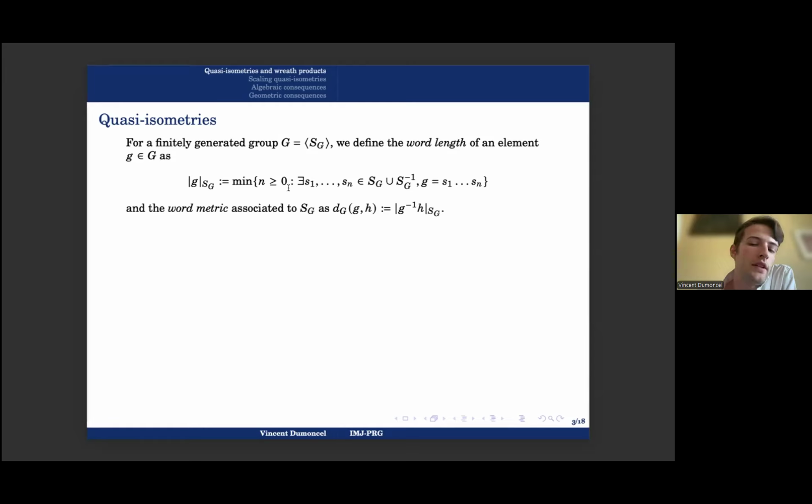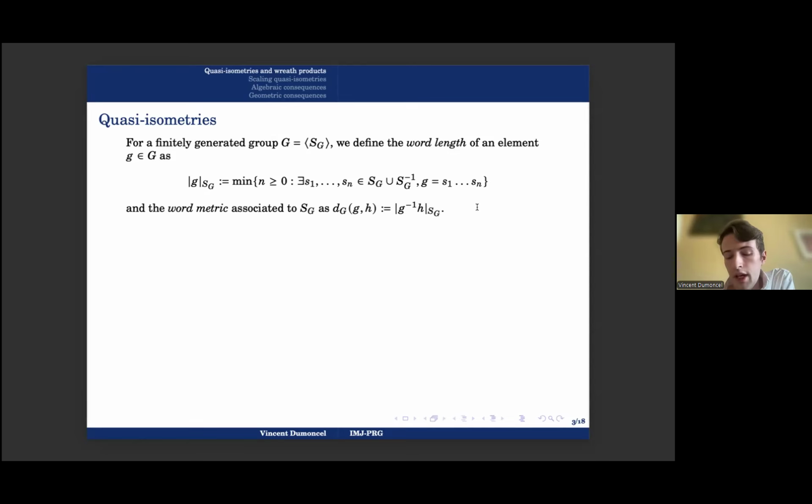And as soon as you have this word length with respect to this generating set S, you can define what is called the word metric associated to S of G, just by declaring that the distance between two group elements G and H is the word length of the element G minus 1 H. So it is the element that you need when you multiply G from the right, to land at H.